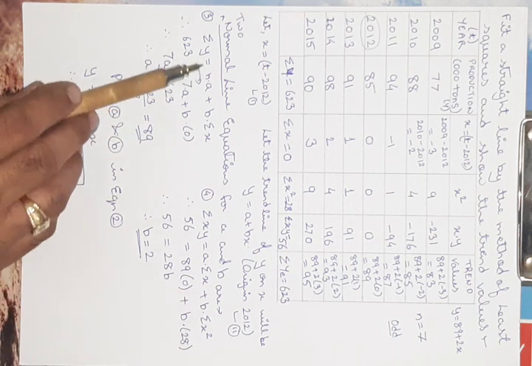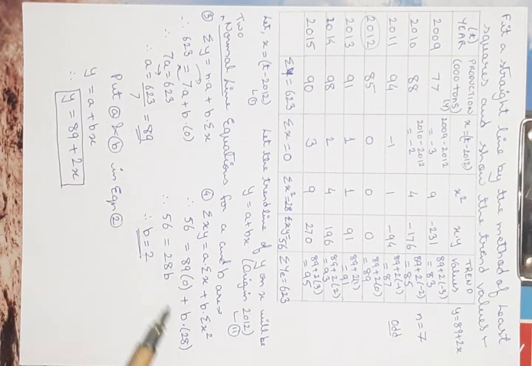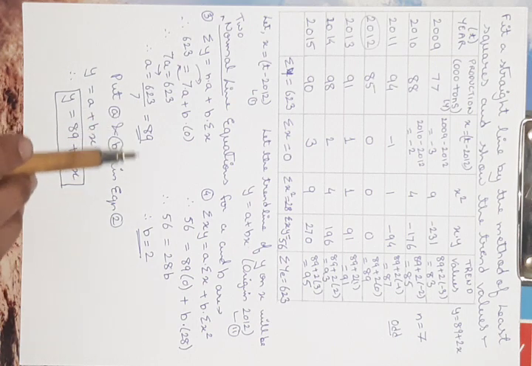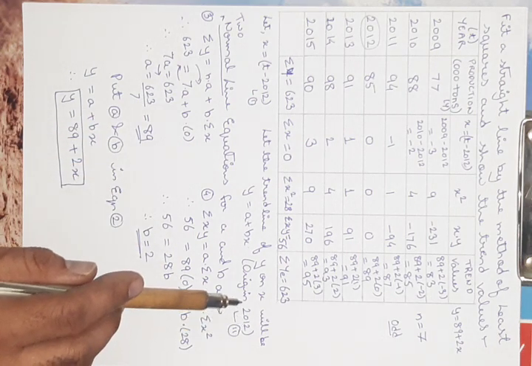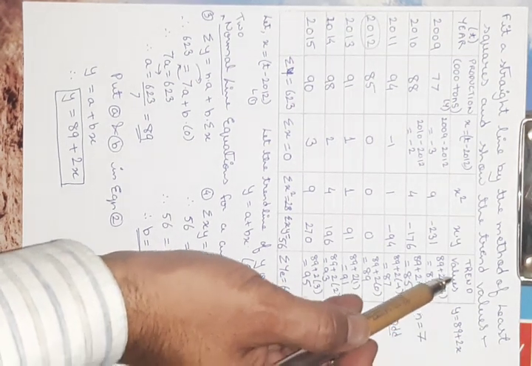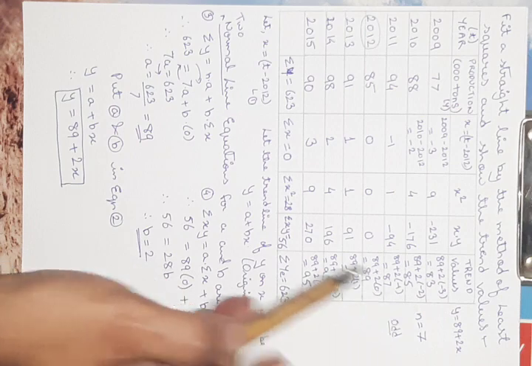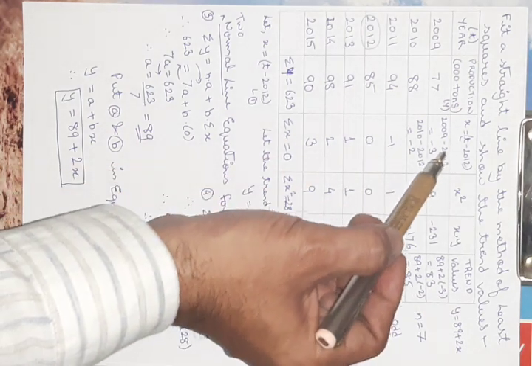Now putting the values of summation of y, summation of x, summation of xy, as well as summation of x square, we got the values of a as well as b. Now we have put these values of a and b into our trend line equation, that is y is equal to a plus bx. Now using this trend line equation, we have got the trend values by just substituting the value of x for each year.